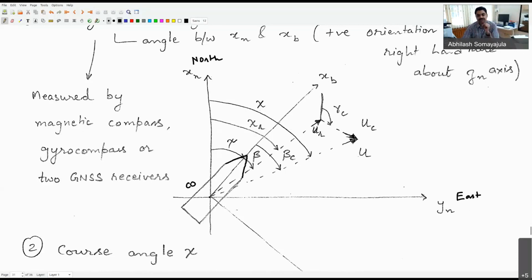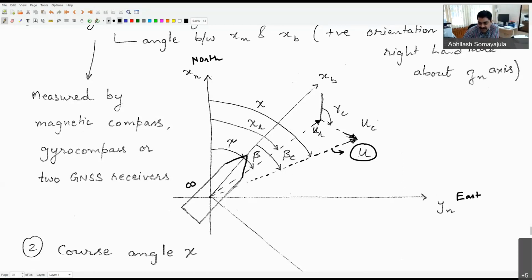So let us assume that at this particular moment, we have the craft which has a velocity u, which is oriented along this dotted line. Along this dotted line that you see here, the velocity vector is oriented.